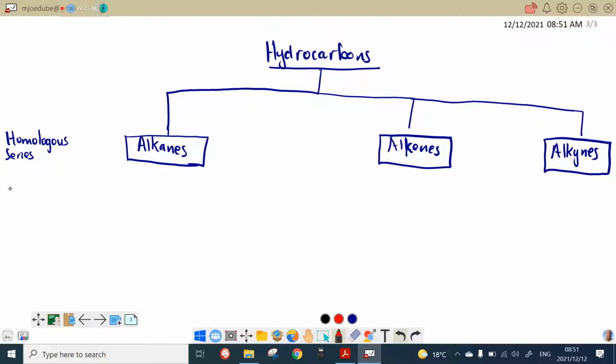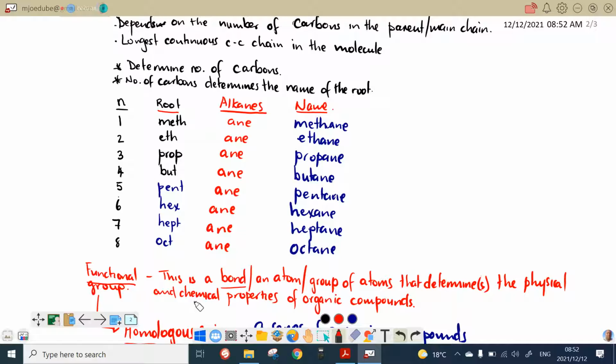So I'm next going to put the functional group. Remember, from the definition that we gave of a functional group, we said that a functional group is a bond, an atom, or a group of atoms that determines the physical and chemical properties of the organic compound.